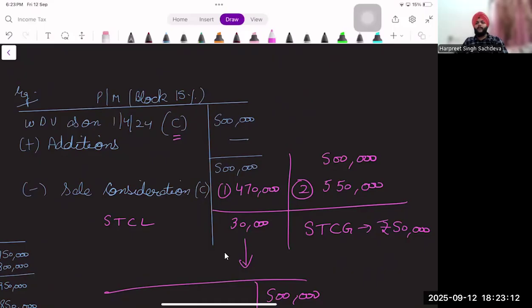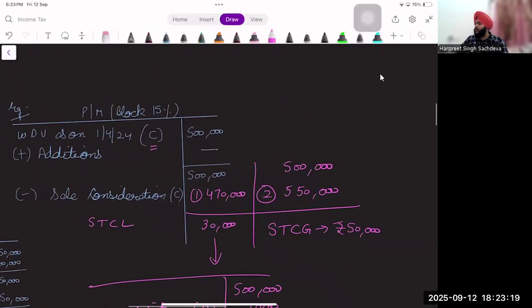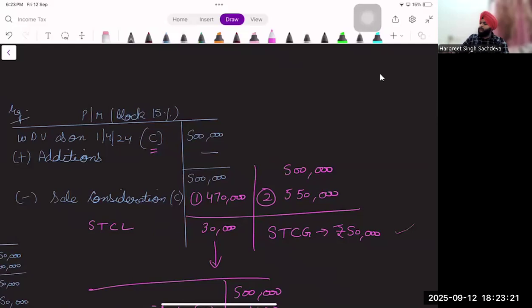So the block will be closed and you will get short-term capital gain of rupees 50,000. This was the first example which we did in the previous 2-3 classes. The concept is done.